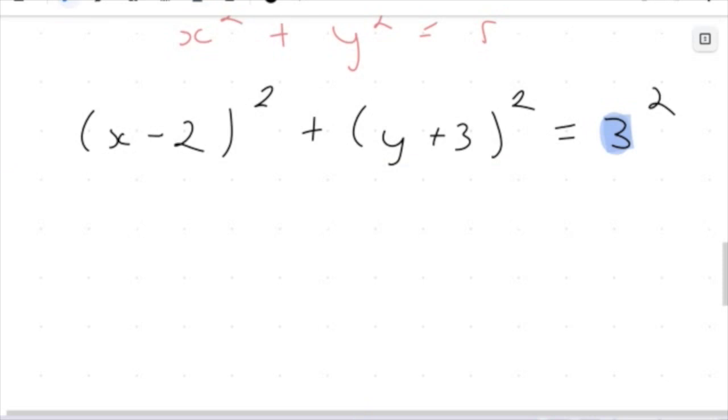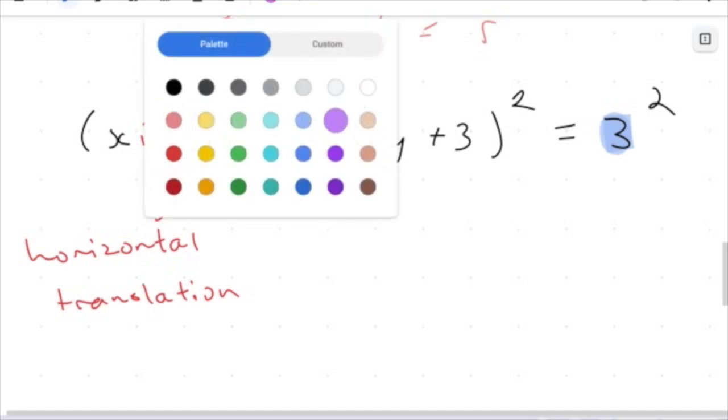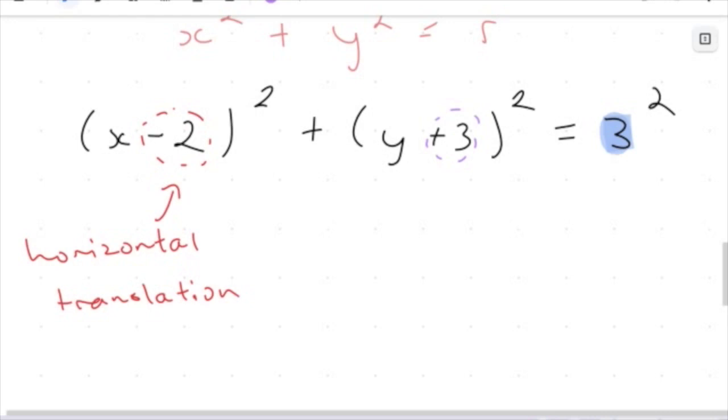And when this is in this particular form, when it is inside the brackets, we are going to shift these across in the opposite direction. So this particular transformation here, this is a vertical, whoops, not a vertical, this is a horizontal translation, and this thing here is a vertical translation.